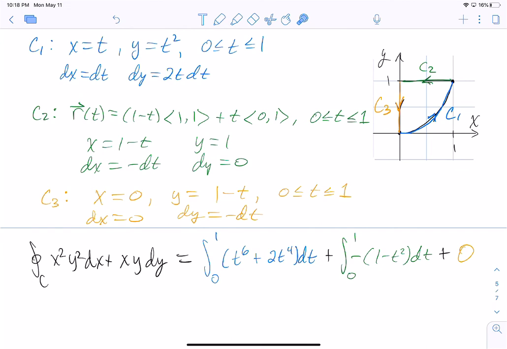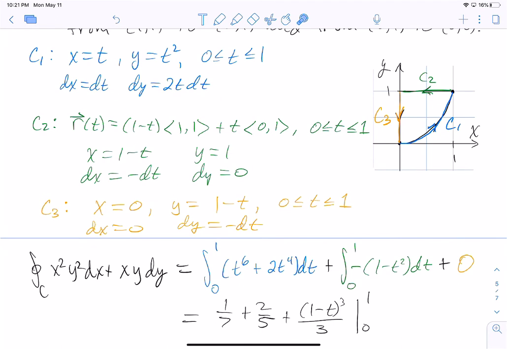For C2, we have negative dt times 1 minus t, the quantity squared, times 1 squared. And then for dy, we have 0, and so there's not a second term like there is in the first integral. Even better for the third integral, x is 0, since there's a factor of x in both terms of the original integral, that gives us a result of 0.